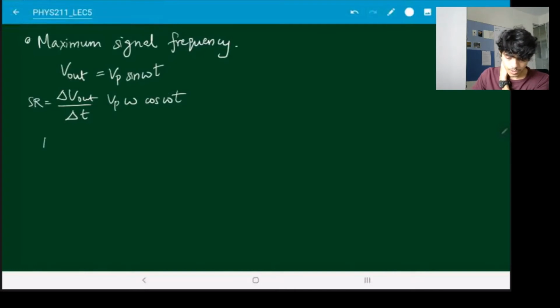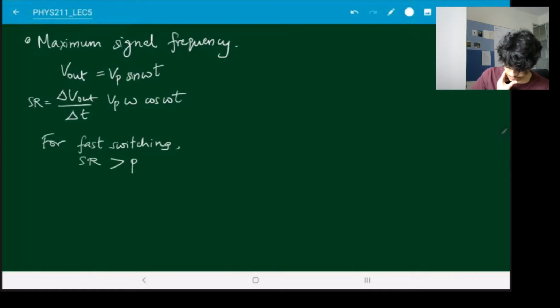Now, if you want your switching to happen fast, you want the slew rate to be greater than Vp omega, or in other words, omega has always to be less than SR over Vp.